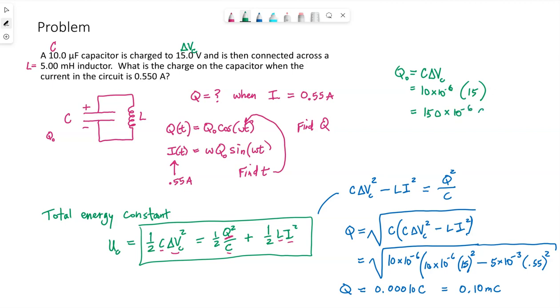So this would be the most charge that would be on the plates of the capacitor.